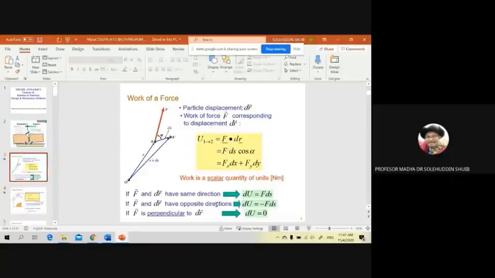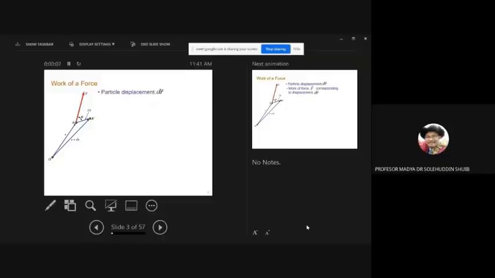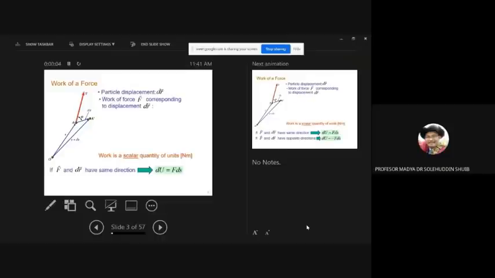The third criterion that I mentioned just now. What will happen if F is perpendicular to dr? Not the same direction, and not opposite.